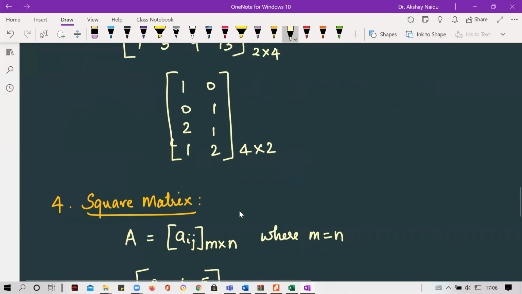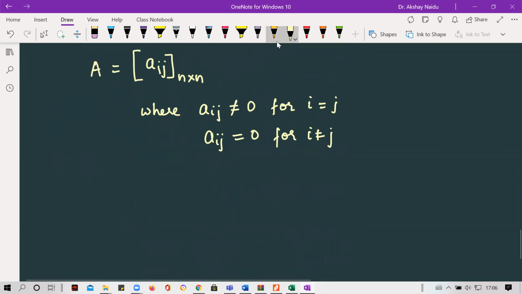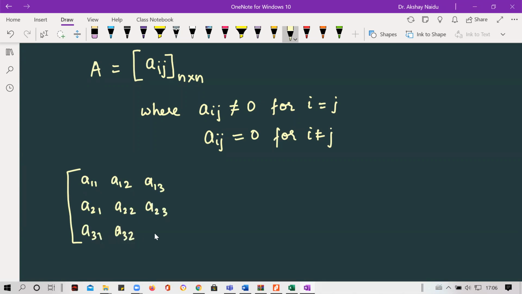The matrix will be of this form: A11, A12, A13, A21, A22, A23, A31, A32, A33. These are the diagonal elements, called the principal diagonal.